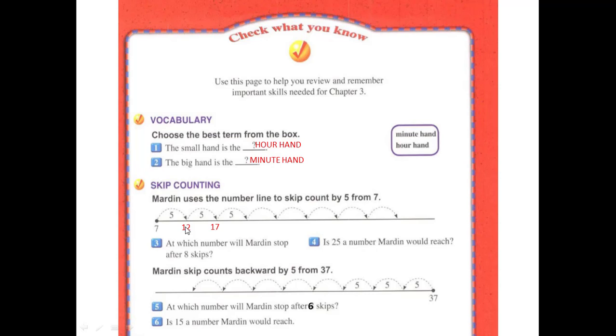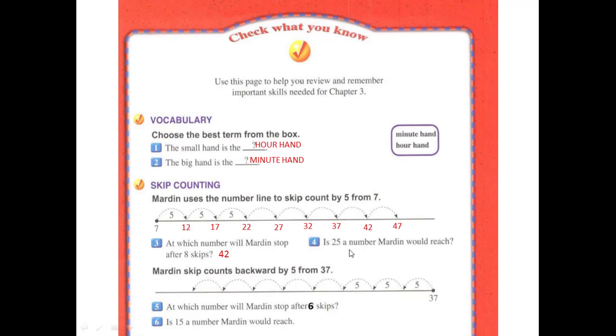Then you have 17, then 22, 27, 32, 37, 42, 47. At which number will Mardin stop after 8 skips? 1, 2, 3, 4, 5, 6, 7. So after 7 it is 42. After 7, sorry, after 8.